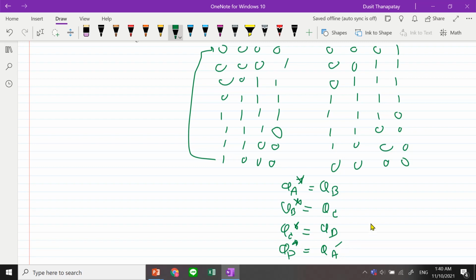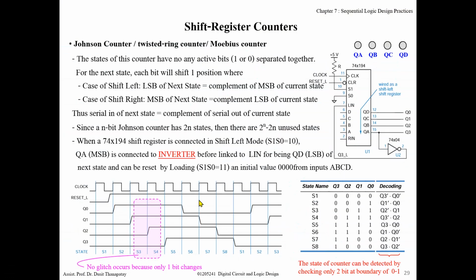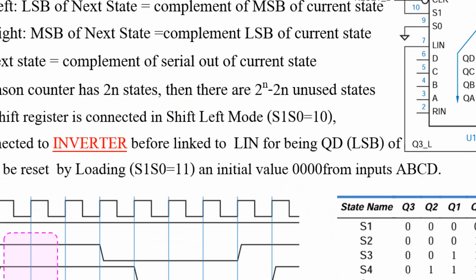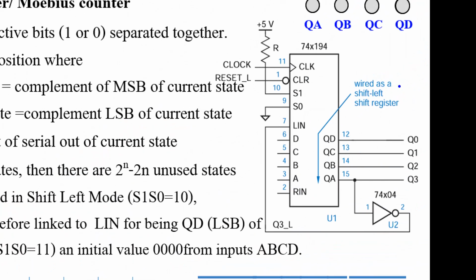After you connect, okay. So for the configuration, choose this one. So you use shift left mode. Data from LIN you feed to QD, QD shifts to QC, QC shifts to QB, QB shifts to QA.